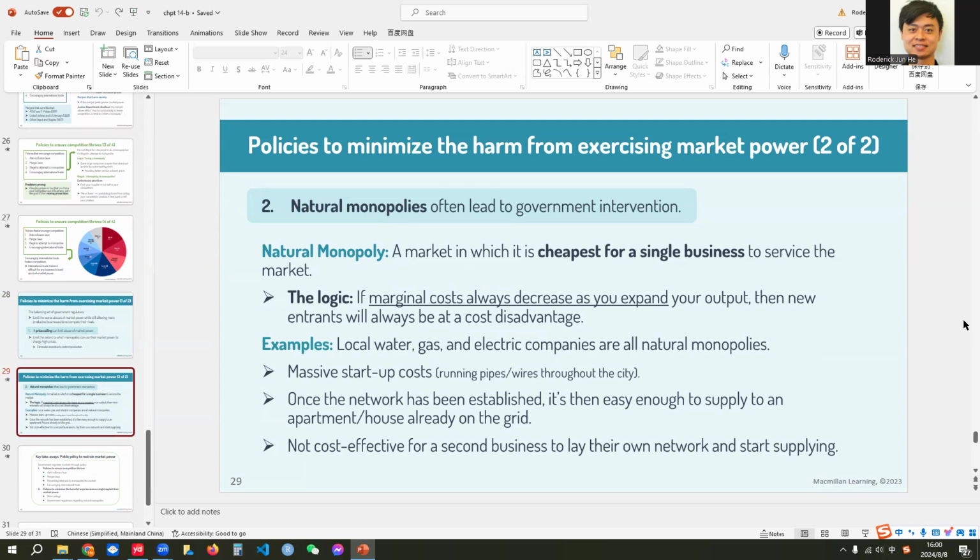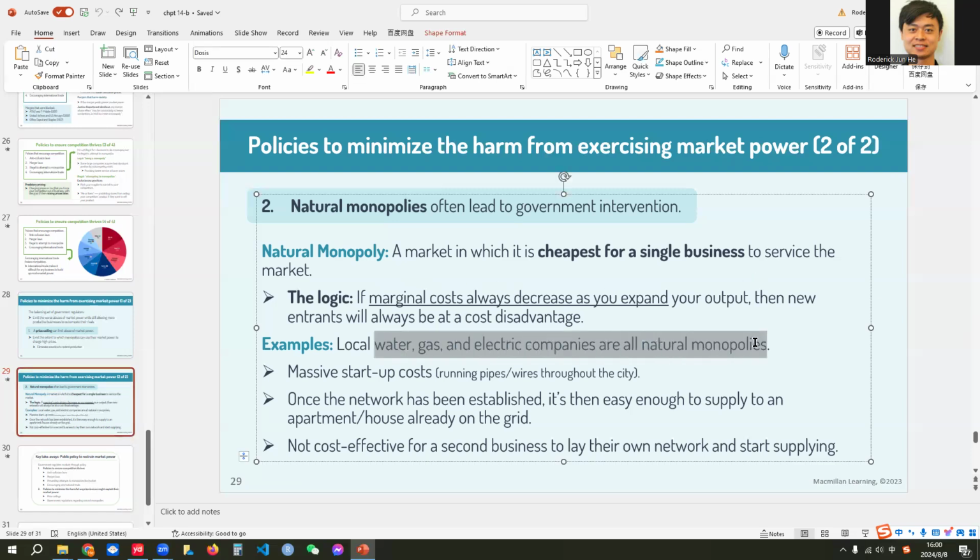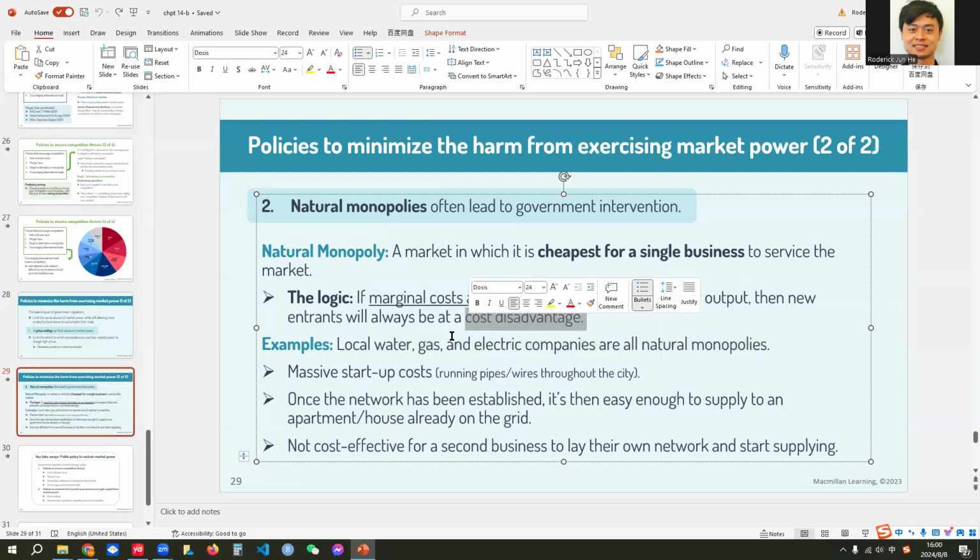But if we have a lot of firms competing, and each of them has to build their own pipe system, line system, that will be very costly. That's what we mean if marginal cost is low for those incumbent firms. But if new firms enter the market, they have to build their own system. That will be costly, and that deters the entry of those firms. And here we have a natural monopoly.